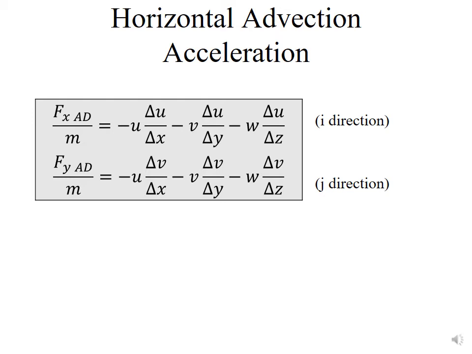And you have the same sort of expression for the horizontal advection acceleration in the north-south direction. The only difference is that we're looking at the gradients of the north-south wind as opposed to the gradients of the east-west wind.